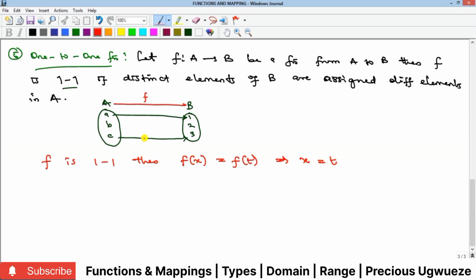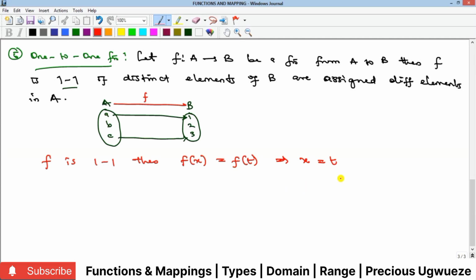So if I take f of a now and it's giving me 1, and I take f of c and it's also giving 1, it automatically means that a and c must be the same if that particular function is 1 to 1. That means no two elements from A will be mapped to the same. Once you see two elements from A mapped to the same element in B and you are saying that it is 1 to 1, then those two elements must exactly be the same. That's what this is saying.